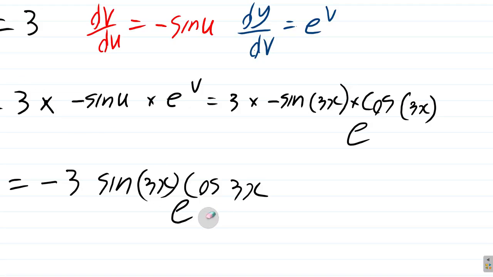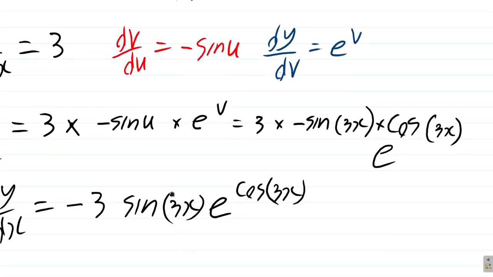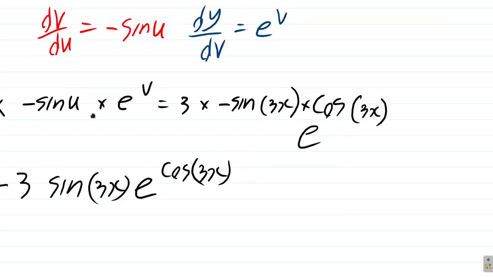Let me write it properly. It's actually e to the cos 3x I should have. I know I should have some e to the something. Let me write this part properly as e to the cos 3x.